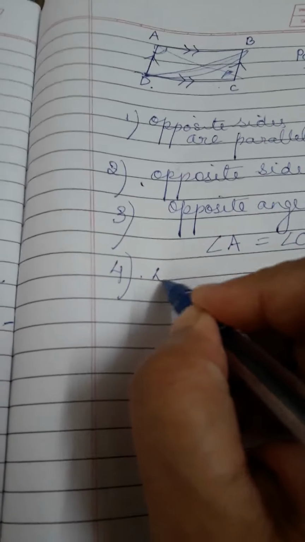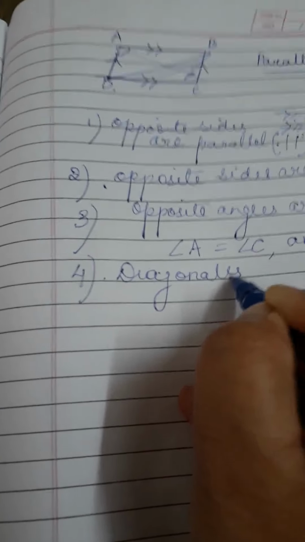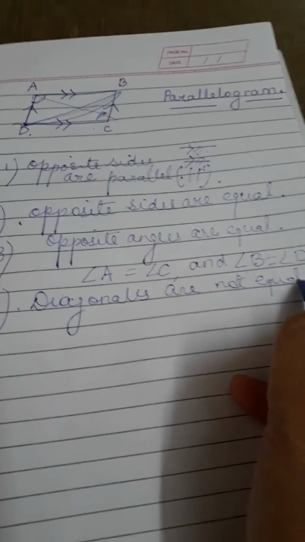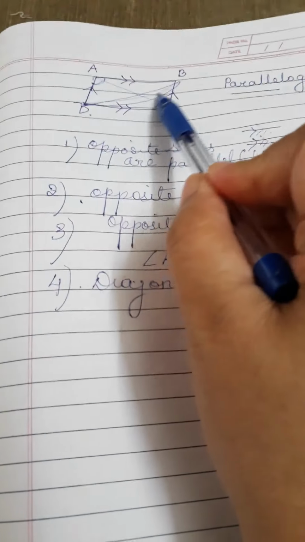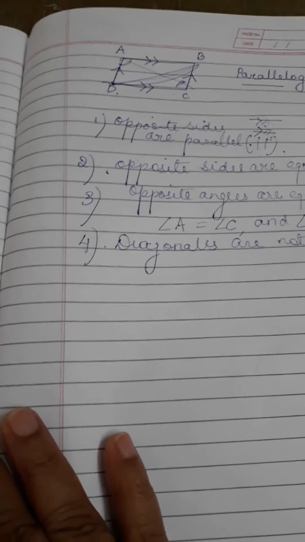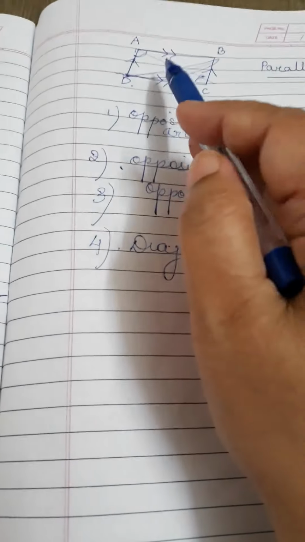So in a parallelogram, the diagonals are not equal, right? You make a parallelogram and see, these two will not be equal. Diagonals are not equal.